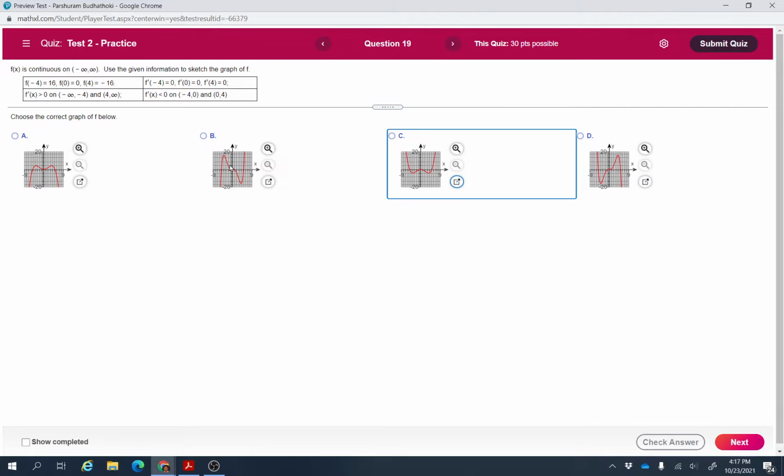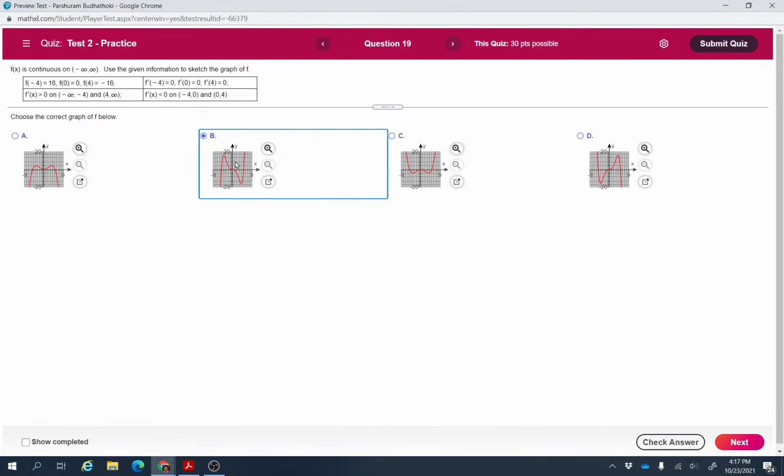Now between B and D: for B, the left side is positive and the right side is negative, but for D, the left side is negative, and it has to be positive. When the value of the function at -4 is positive 16, it has to be positive 16. So this is the only choice.